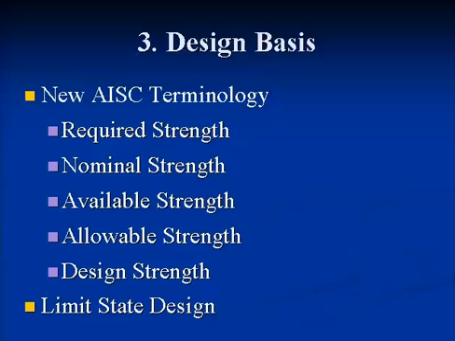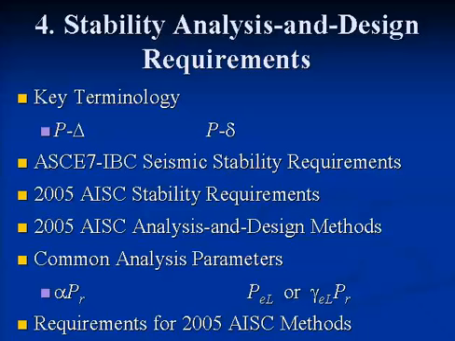So there's a discussion of all that in there. There's also an extensive discussion of the provisions of Chapter C, the new stability requirements, which basically boil down to compelling you to use a second-order analysis to design frames and beam columns. And our document is based on the assumption you're going to be doing that.